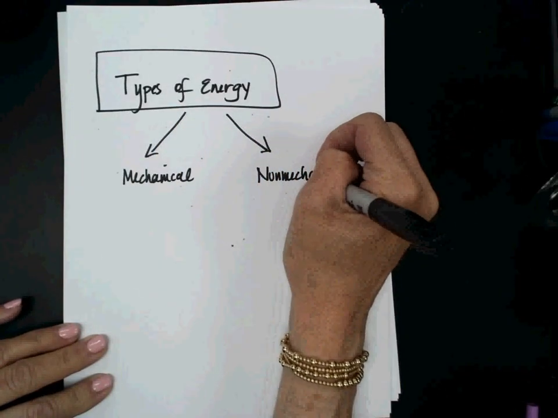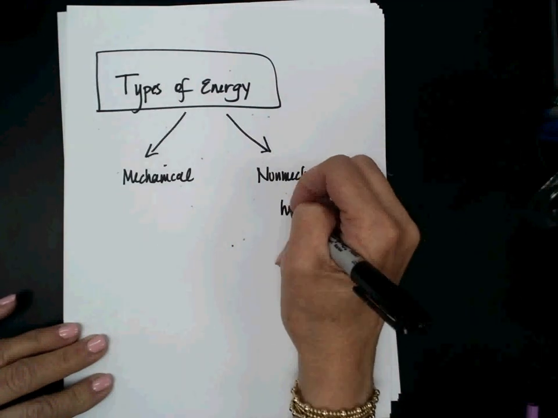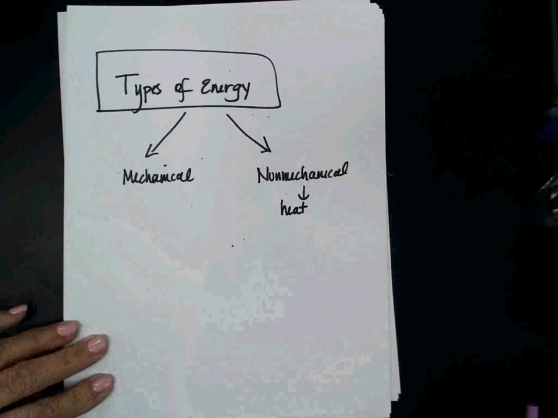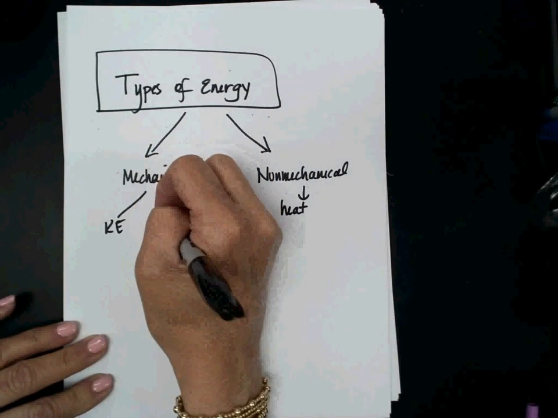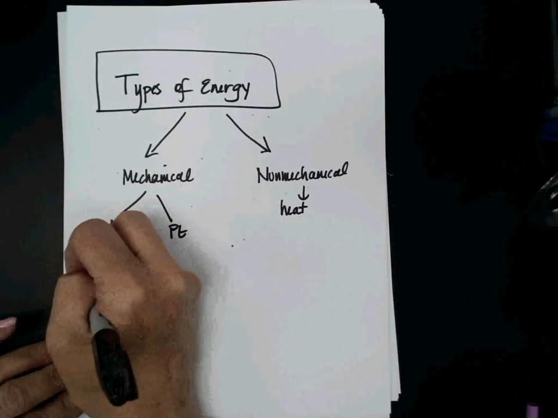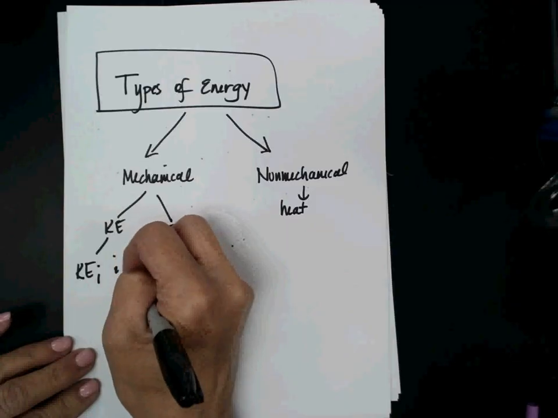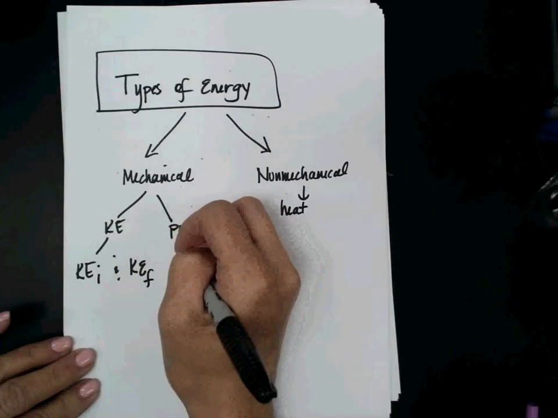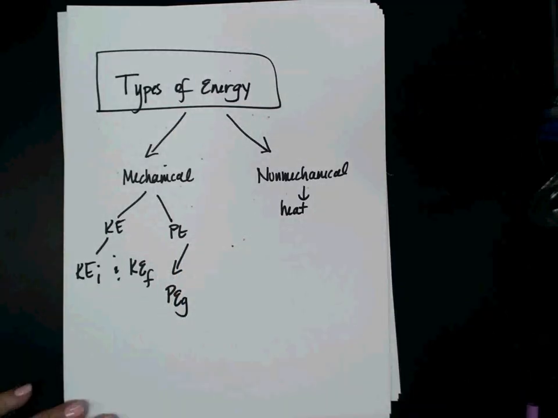And basically when the non-mechanical comes in, we're talking usually about heat, thermodynamic kind of stuff. Mechanical, we have to look at KE, we have to look at PE. In KE, we've looked at KE initial so far, and KE final. In PE, we've looked at PEG, potential energy due to gravitation, which has to do with height.